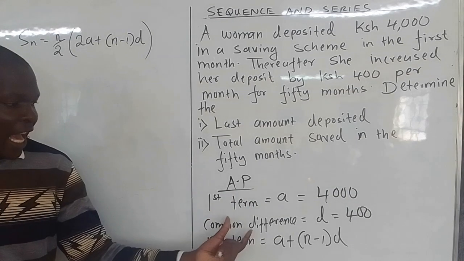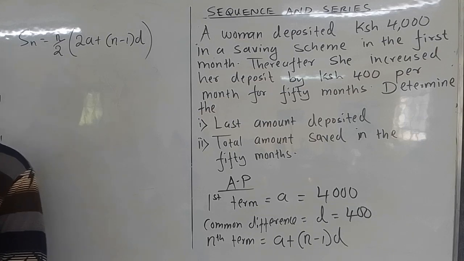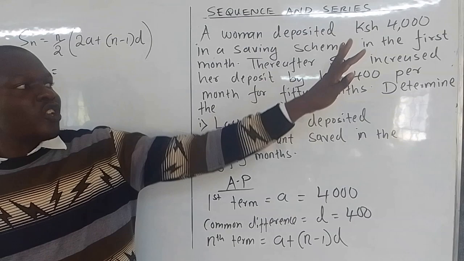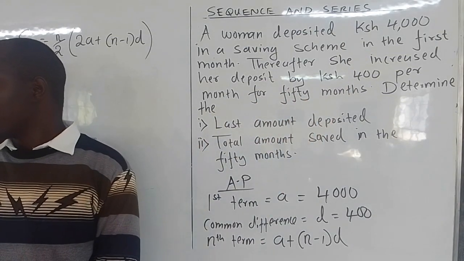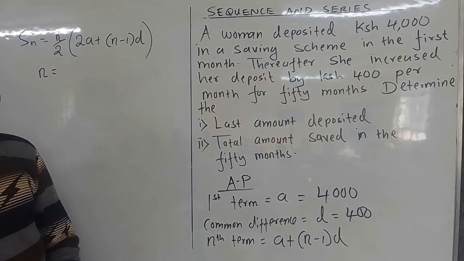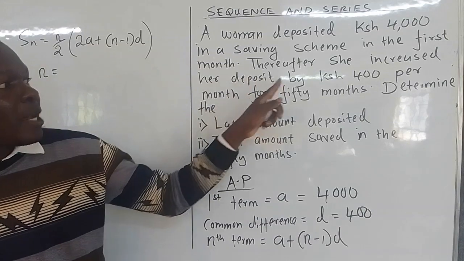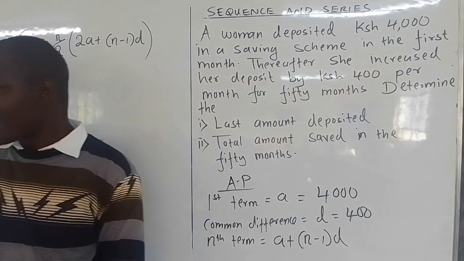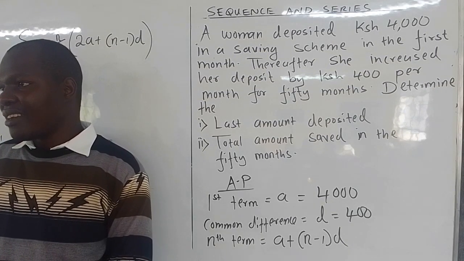So these are how to get the nth term and the sum of n terms of an AP. Then we've been told this pattern happened for how many months? 50 months. They're saying per month, she increased her deposit by shillings 400 for 50 months. Are we together?